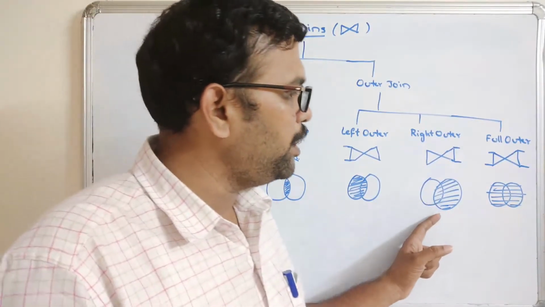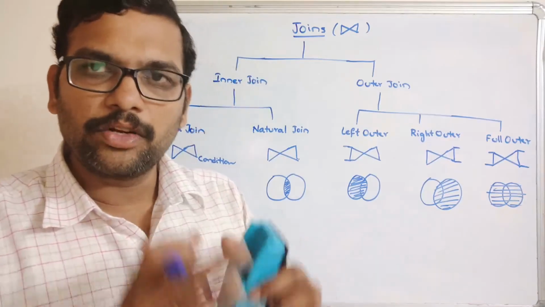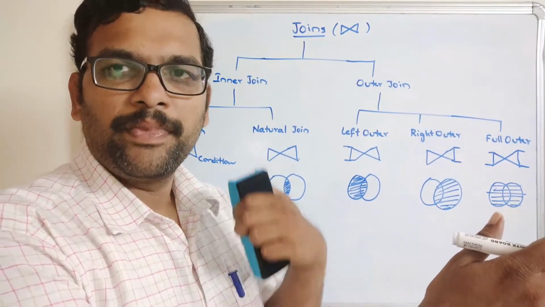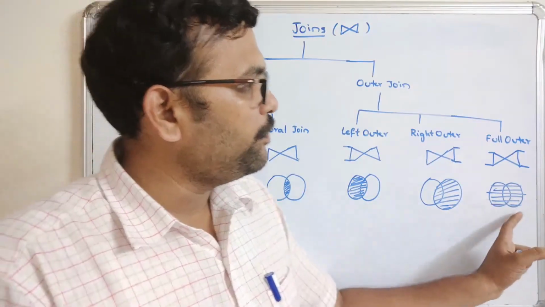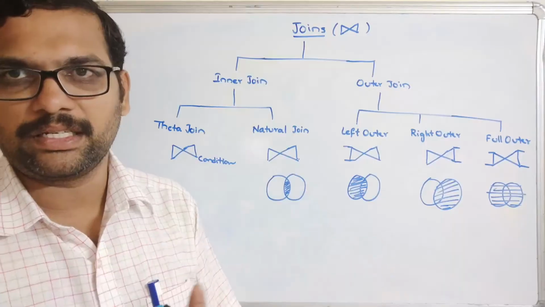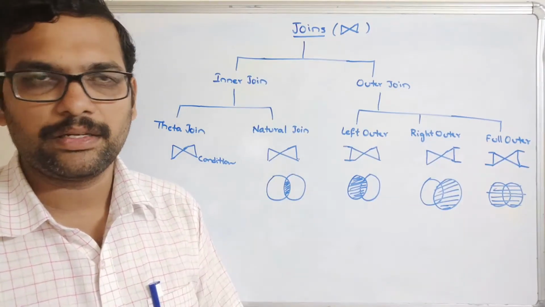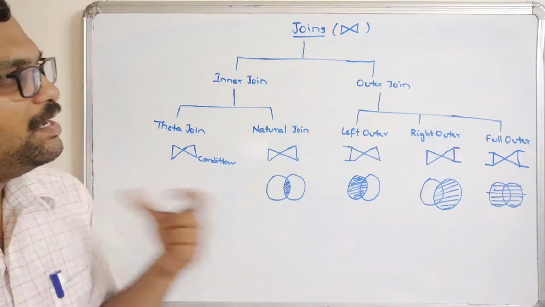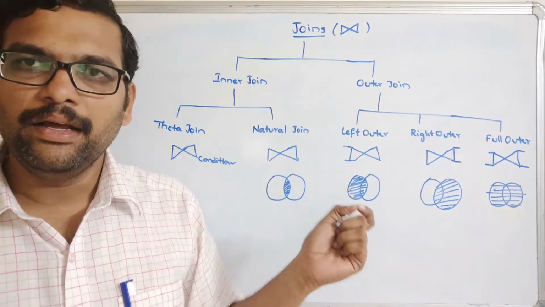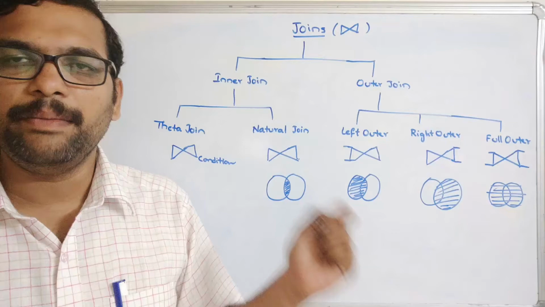Similarly, right outer join will consider all the tuples of the right relation and common tuples from the left relation. And full outer join will have the tuples of both the relations. So this is the overview of join operations in relational algebra of DBMS.